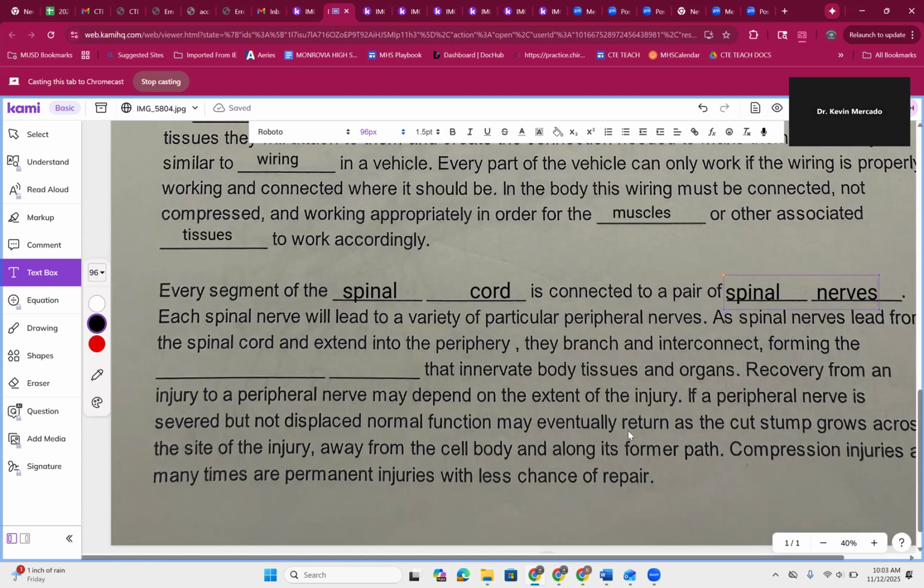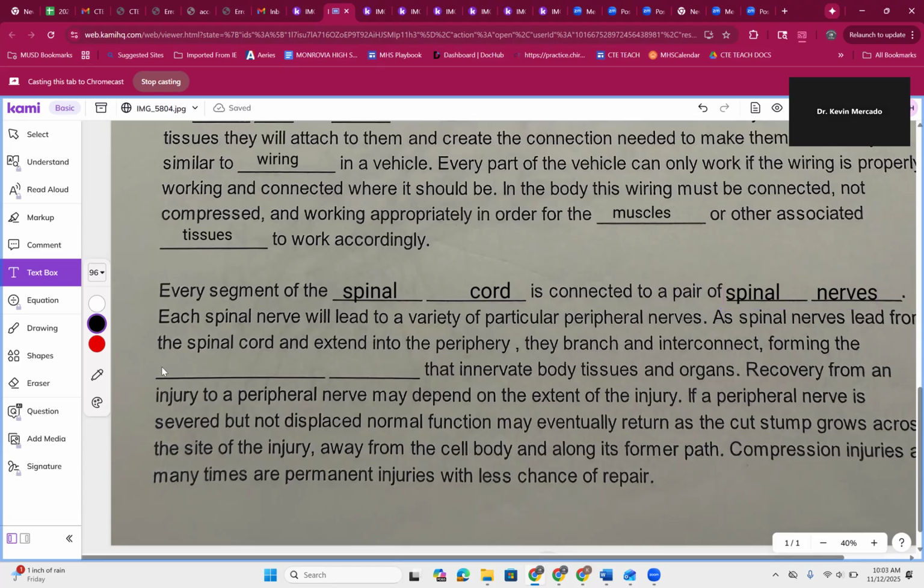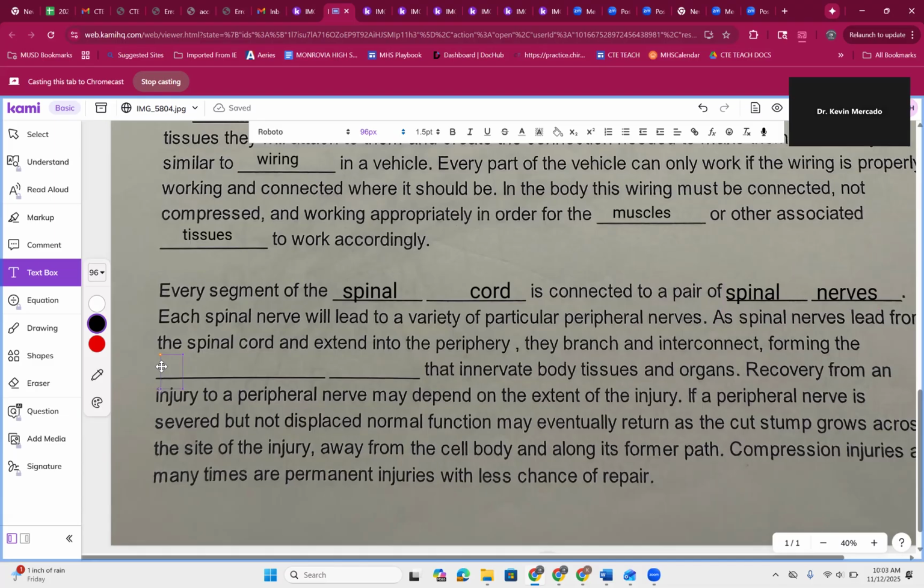As spinal nerves leave the spinal cord and exit into the periphery, they branch and interconnect, forming the peripheral nerves that innervate body tissues and organs.